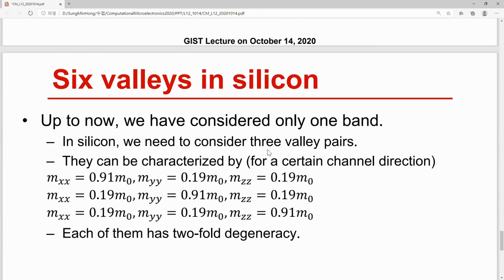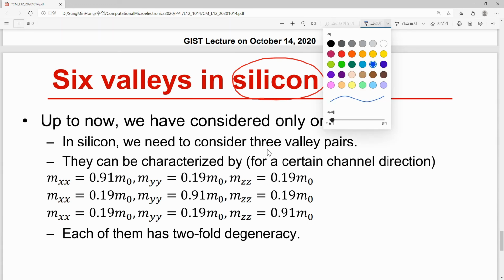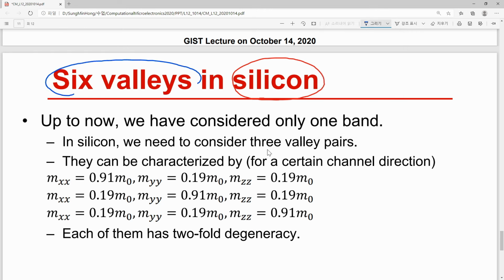Finally, since we are talking about silicon's conduction band, we have to think about 6 different valleys inside the silicon. As I told you before several times, silicon has 6 different valleys and they can be categorized into 3 different valley pairs. So there are 3 pairs, in total 6 valleys.